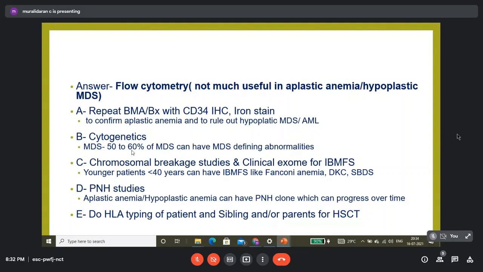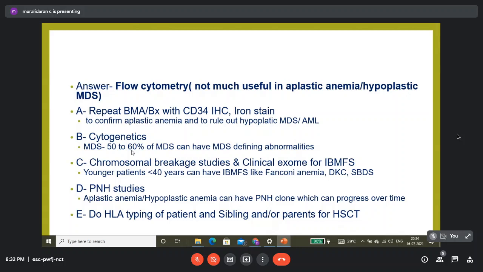PNH studies, as I told you, aplastic anemia might have a PNH clone that can progress over time. So you have to monitor the PNH clone yearly in every aplastic anemia patient, because that clone can slowly progress, and finally the patient will present with a PNH type of picture.